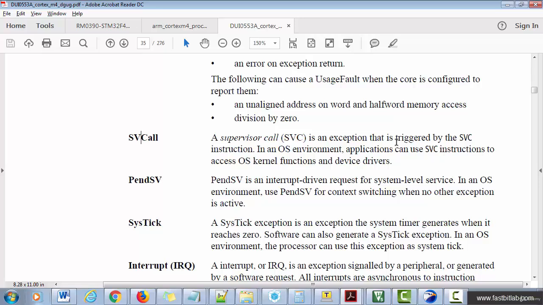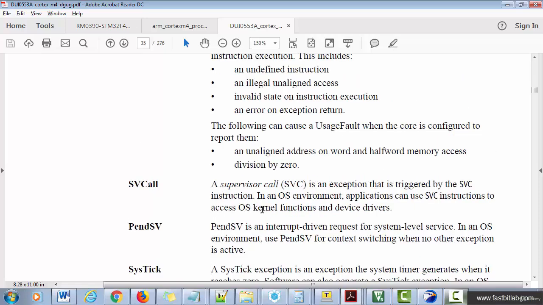In an OS environment, applications can use the SVC instruction to access OS kernel functions and device drivers. So in an embedded OS scenario, what happens? You have kernel code which is privileged, and you will have a couple of tasks which are unprivileged.